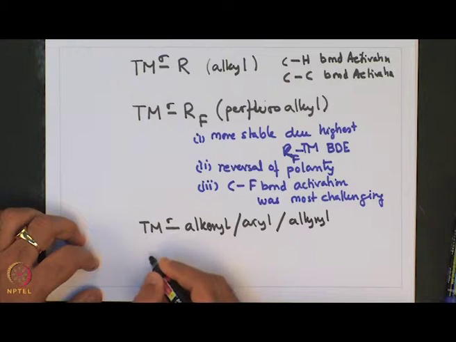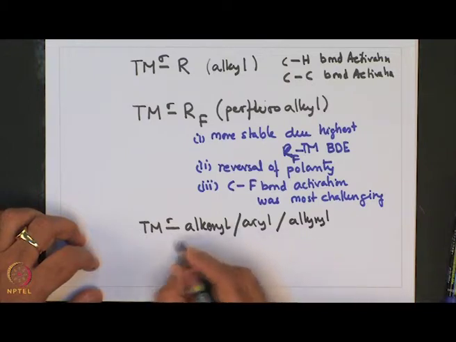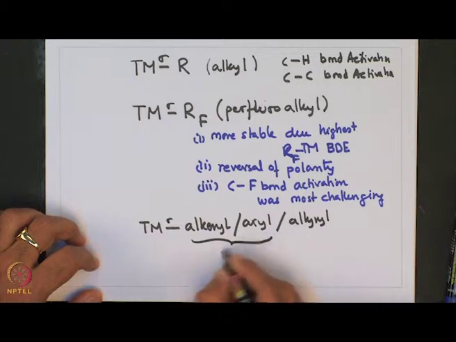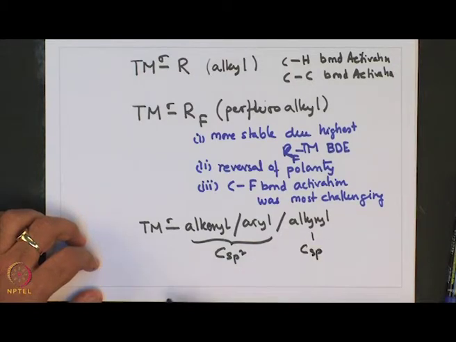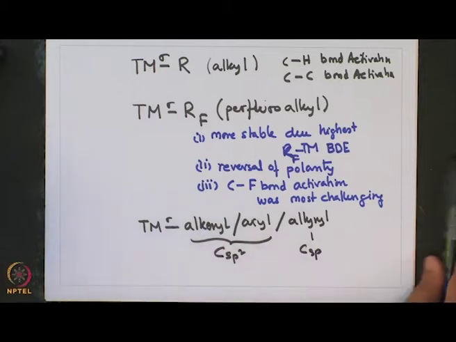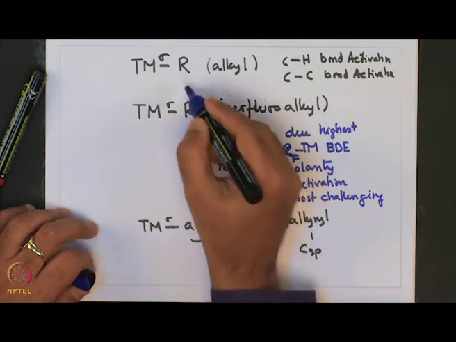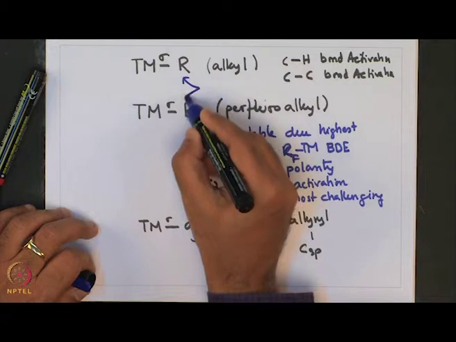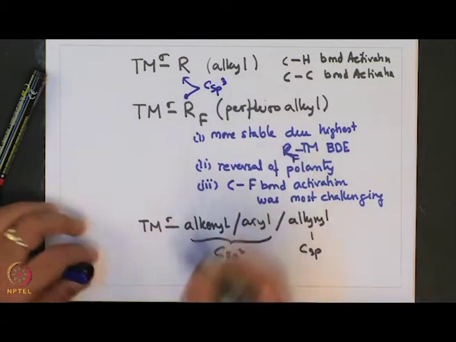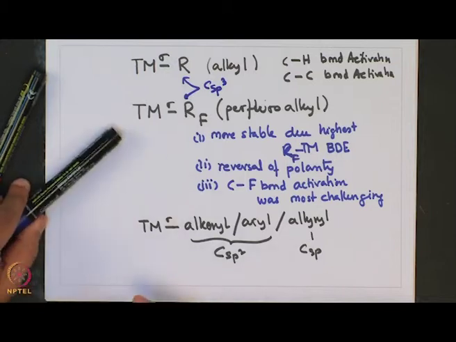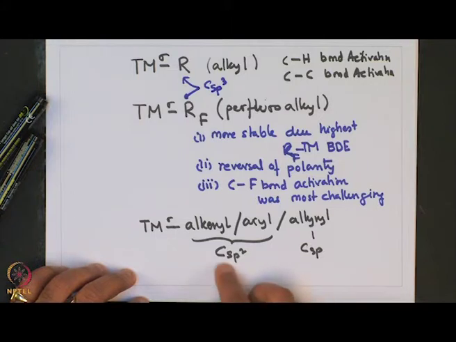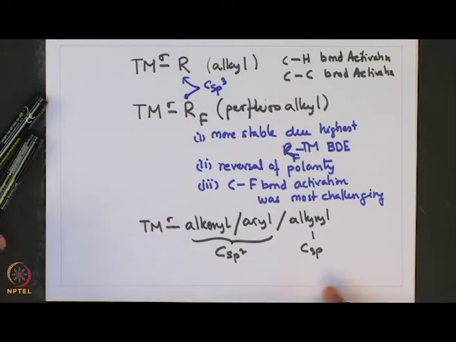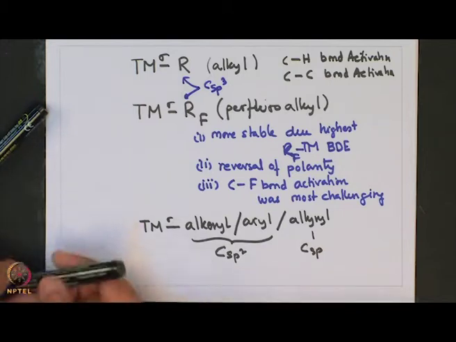So, these are transition metal complexes with Csp2 type hybridization, and for this one it is Csp type hybridization, whereas for the ones that we had studied so far, these had Csp3 type of hybridization.